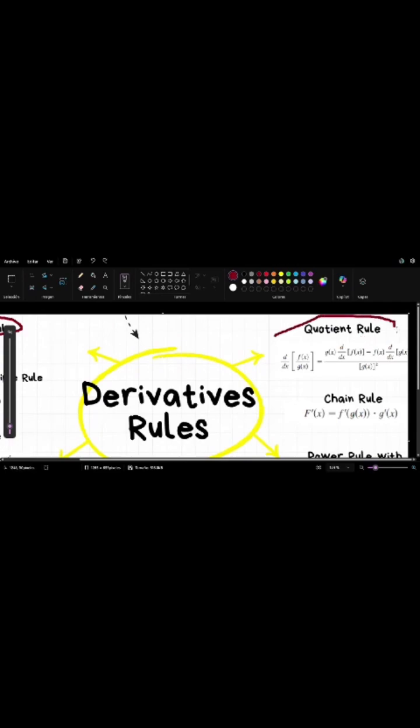The quotient rule is used to find the derivative of a fraction, when one function is divided by another.